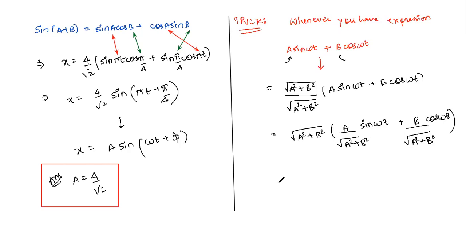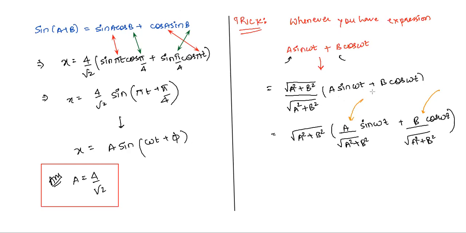Now class, this term, A by under root of A square plus B square, and B by under root of A square plus B square, these terms are actually the sine and cos of the same angle. See how? Sine and cos of the same angle.